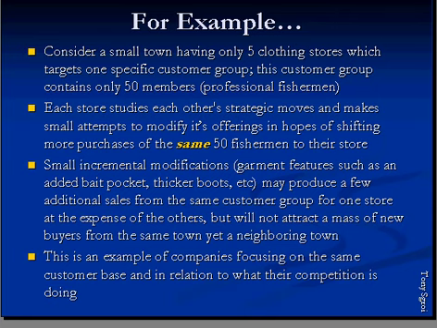Small incremental modifications, for example, garment features such as an added bait pocket, thicker boots, etc., may produce a few additional sales from the same customer group for one store at the expense of the others, but will not attract a mass of new buyers from the same town, let alone a neighboring town. This is an example of companies focusing on the same customer base and in relation to what their competition is doing.